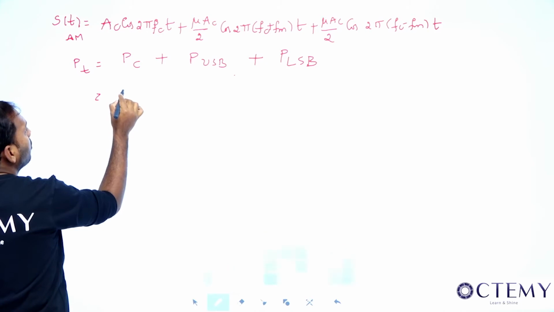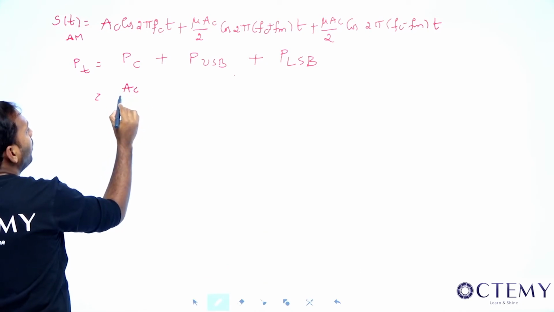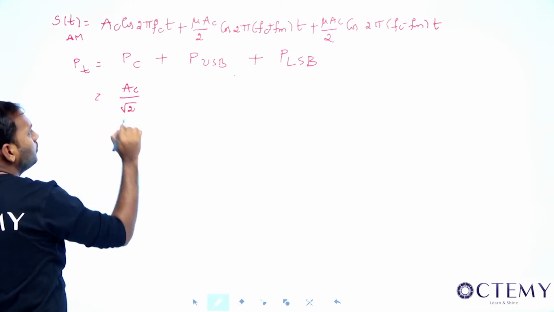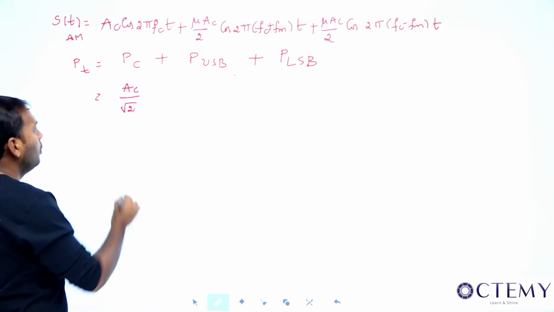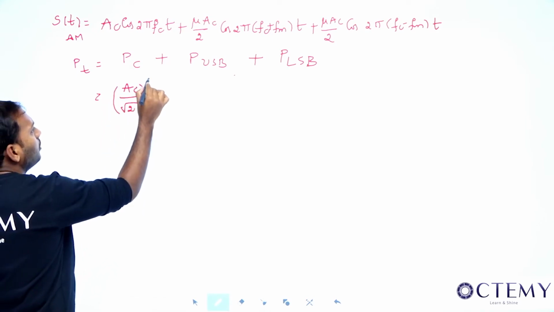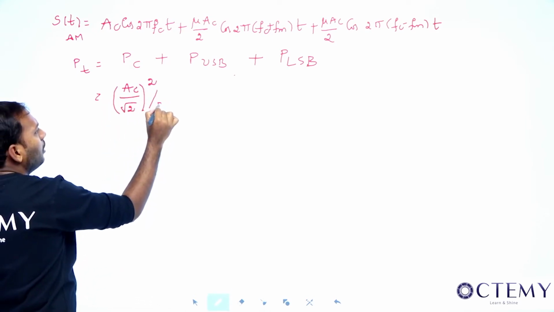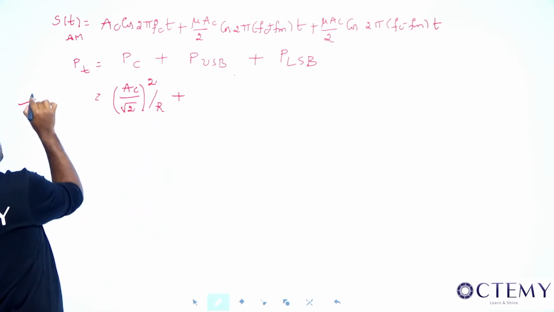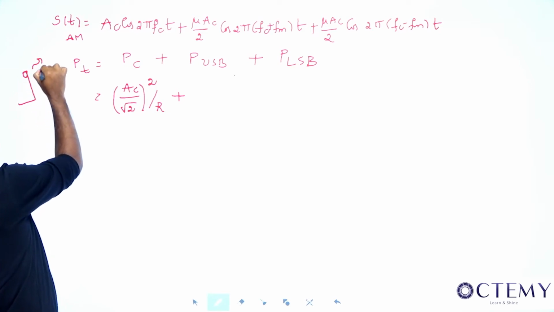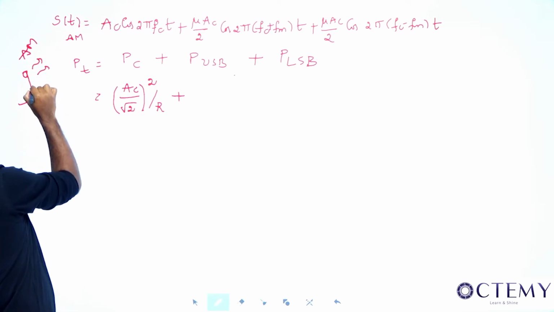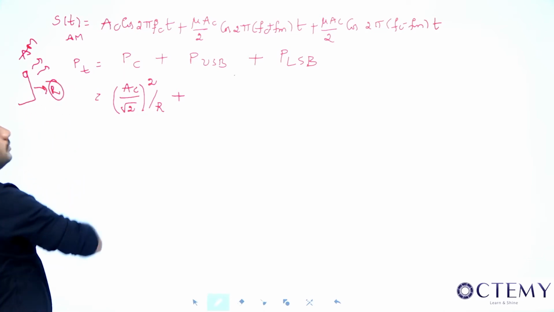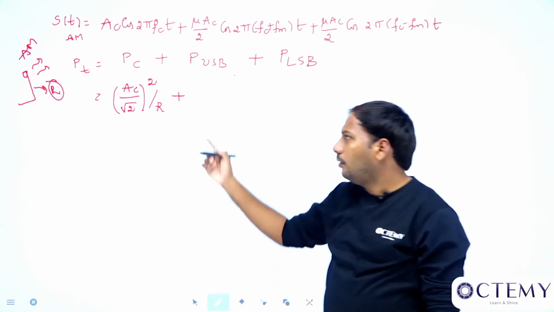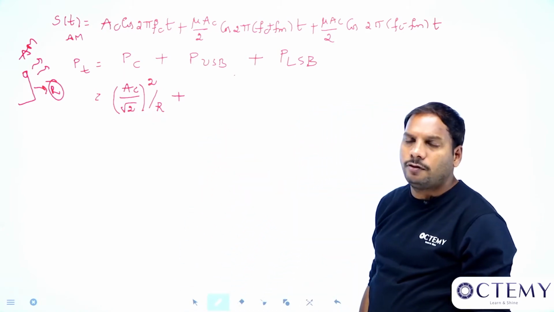So the RMS value is Ac by root 2, RMS value whole square, divided by R. Why have I written R? Let us consider this is the antenna radiating the AM signal. It has a resistance of R. Sometimes in problems you will be given the resistance offered by the antenna.